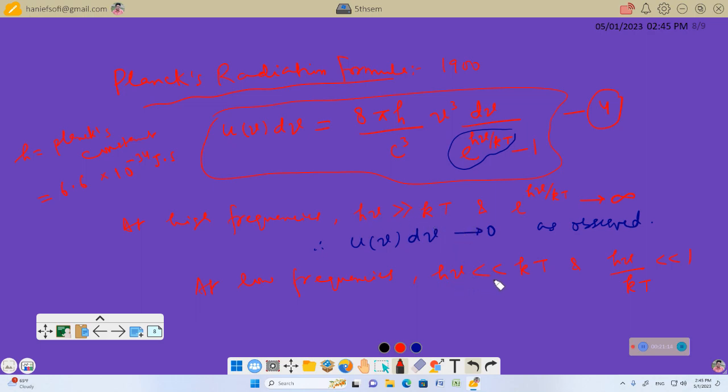So you can write e raised to the power h nu by kT as 1 plus h nu by kT. And this minus 1 is there.